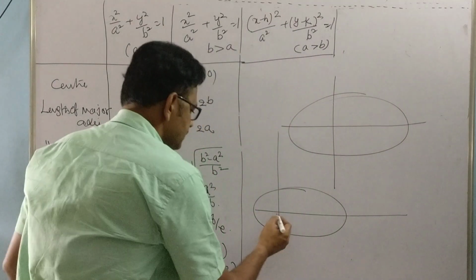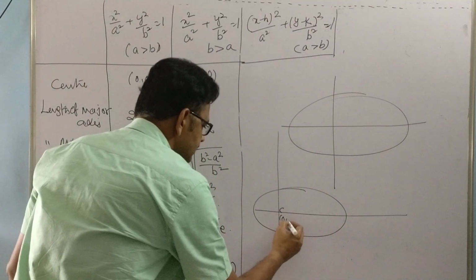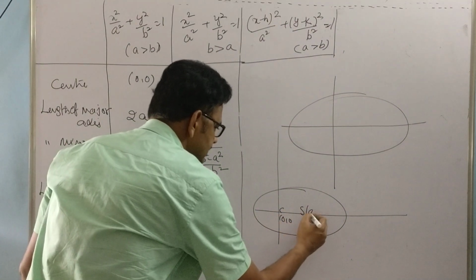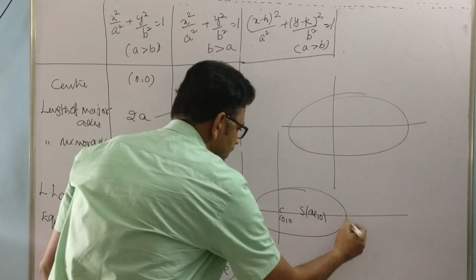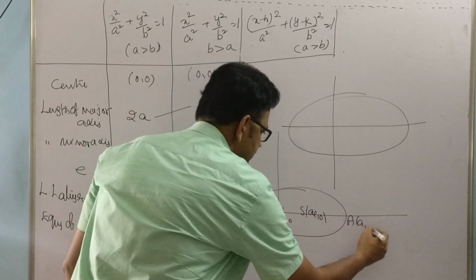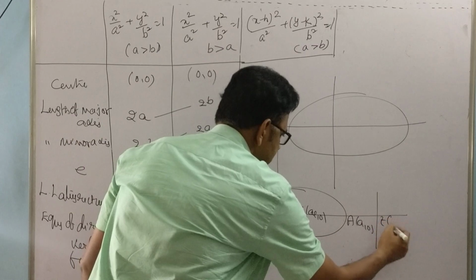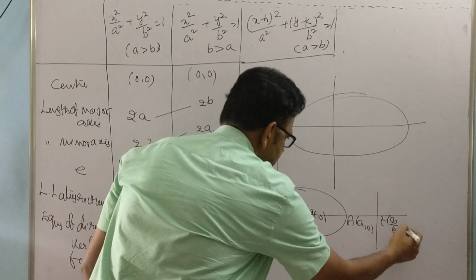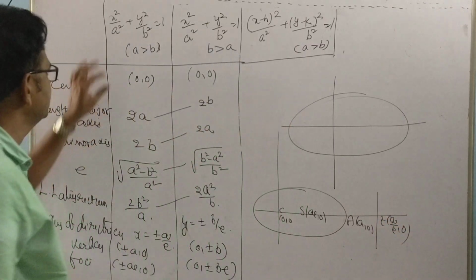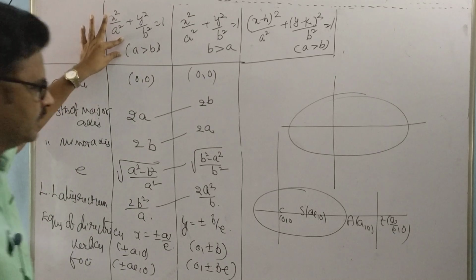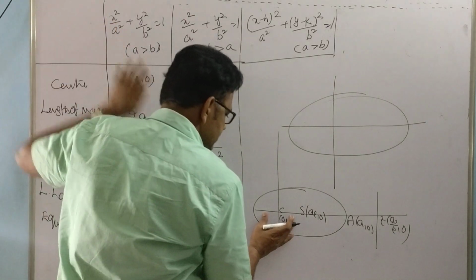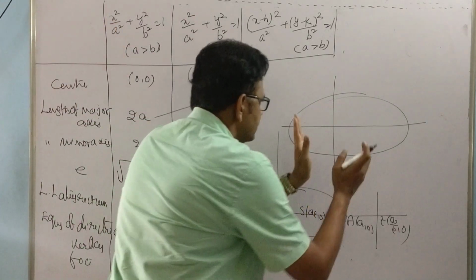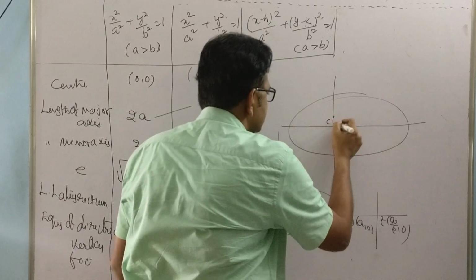Here center is 0, 0. This is S is ae, 0, and A is a, 0, and Z is a by e, 0. If a greater than b, center of ellipse is 0, 0. Now the same ellipse, without changing the direction of axis, shift the origin to this point. So this is center h, k.